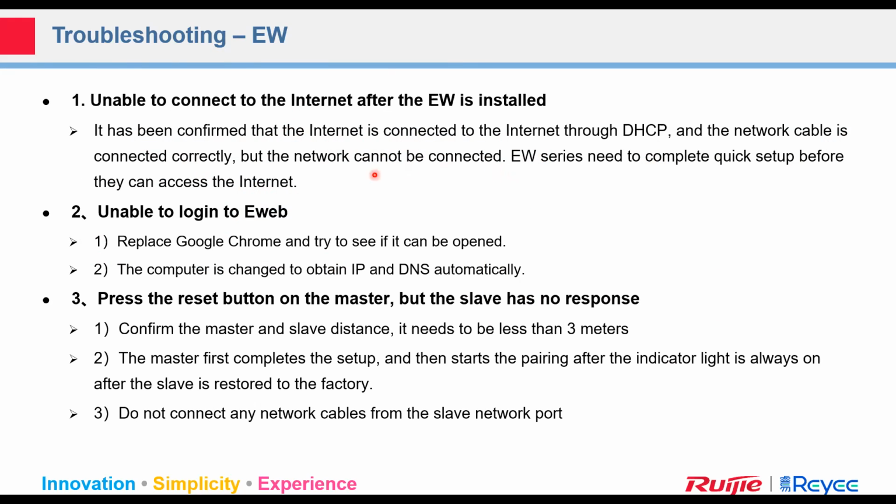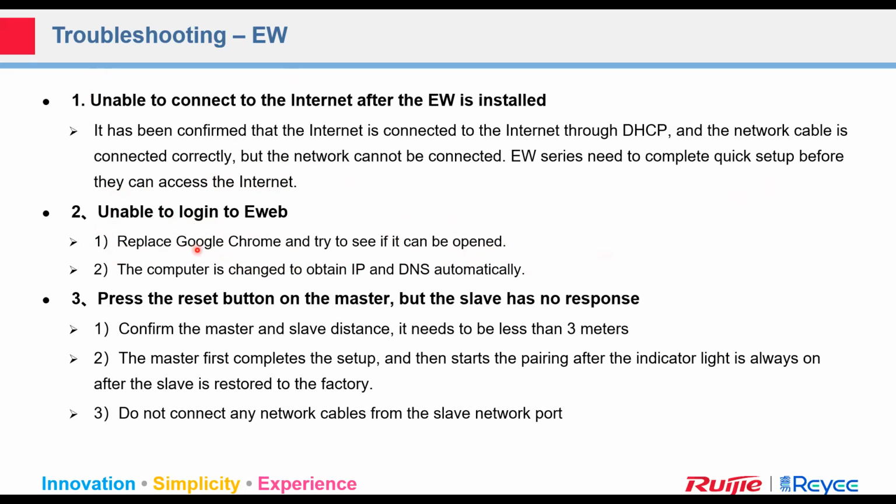So if the network cannot be connected, you need to complete the EW quick setup before they can access the internet. So what happens if the EW is unable to access the eWeb? What we can do is replace Google Chrome and see if it can be opened.